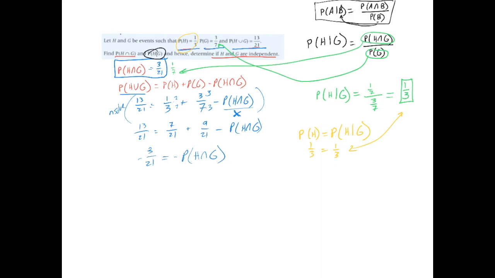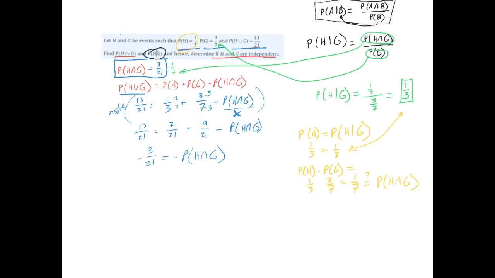The other way that you could check this is that we could use our law for independent. I could go P(H) times P(G), right? Which is going to be 1 over 3 times 3 over 7, which is going to give me 1 over 7. And if that is equal to the probability of H and G, then it's independent.